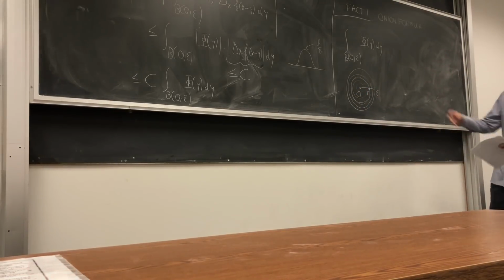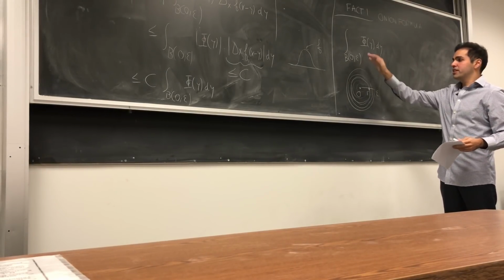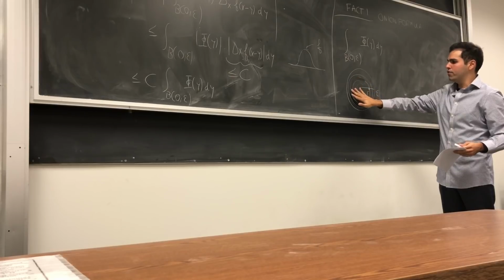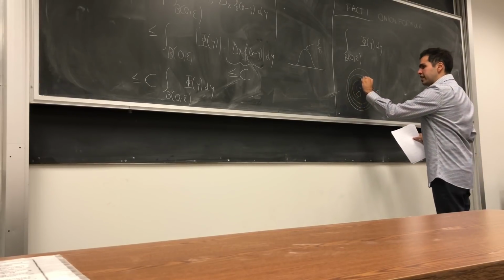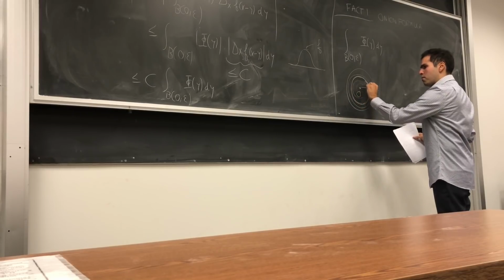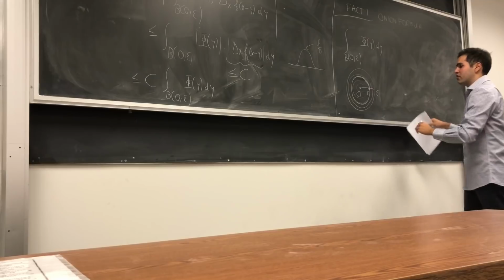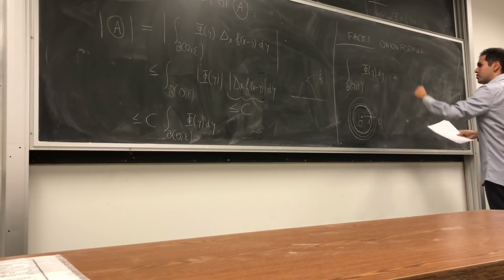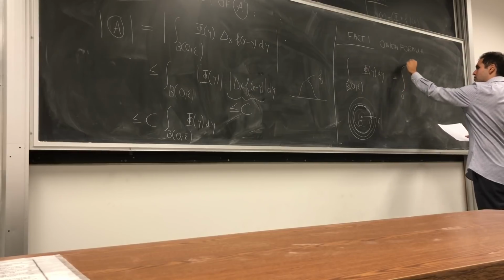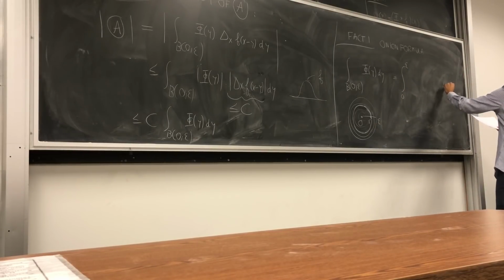What this tells you is, instead of integrating this function over the whole ball of radius epsilon, what you could do is integrate this function over a sphere of radius r, and then integrate r from 0 to epsilon. So what this equals is the integral from 0 to epsilon of something dr.